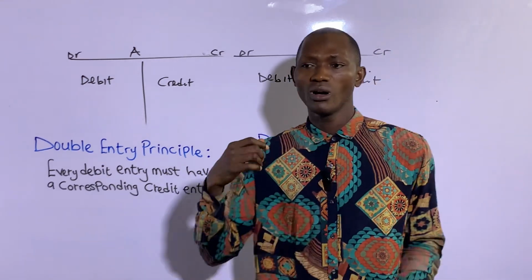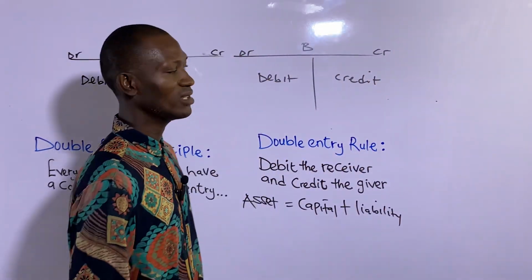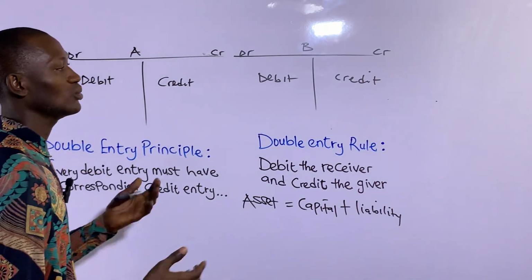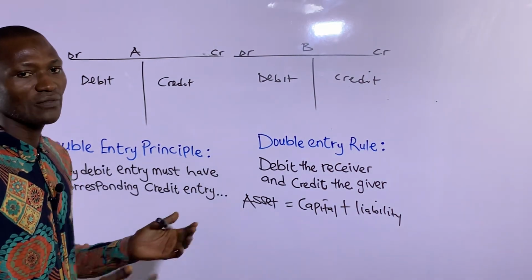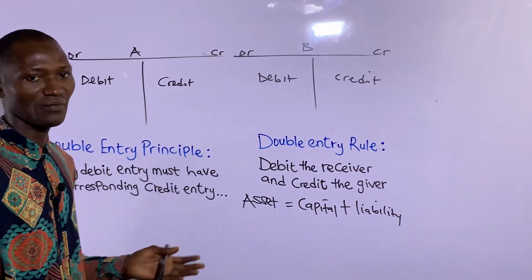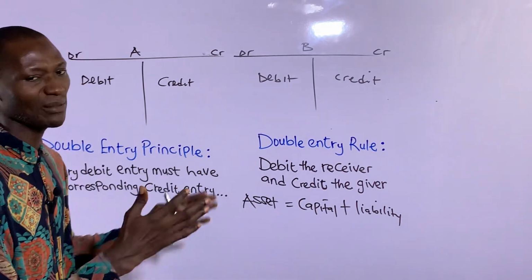Simple. So what we are going to do now is practice, or complete the double entry for some business transactions which we might have in financial accounting. So we want to be debiting and crediting.